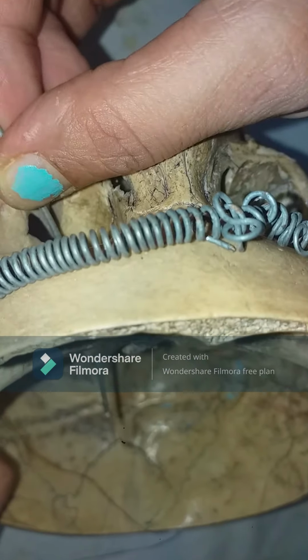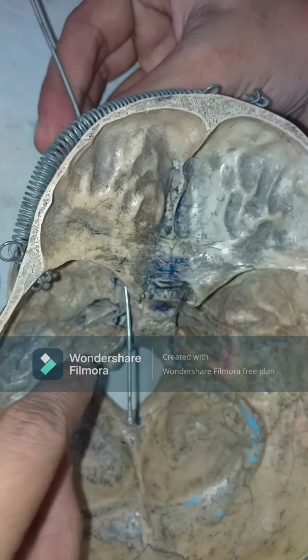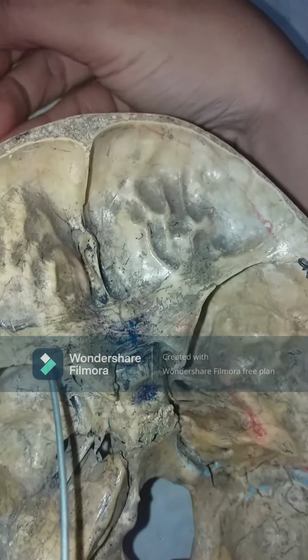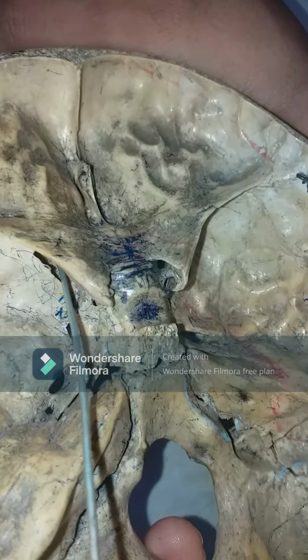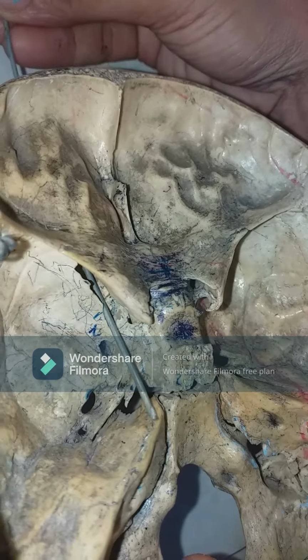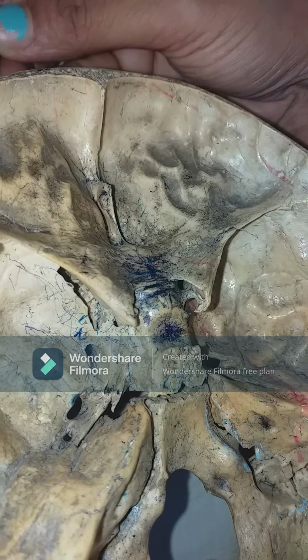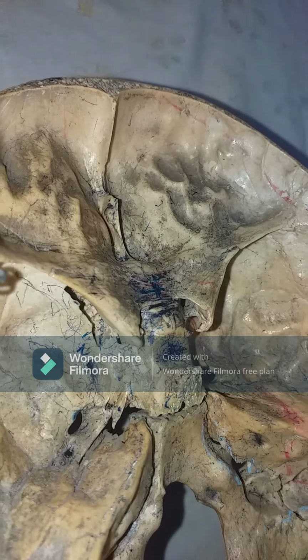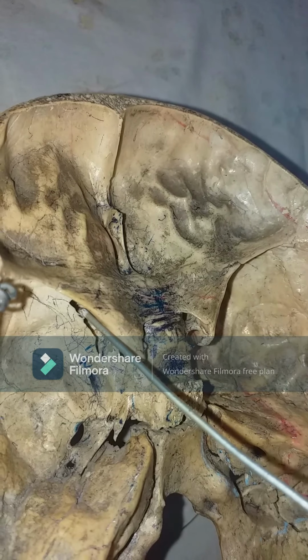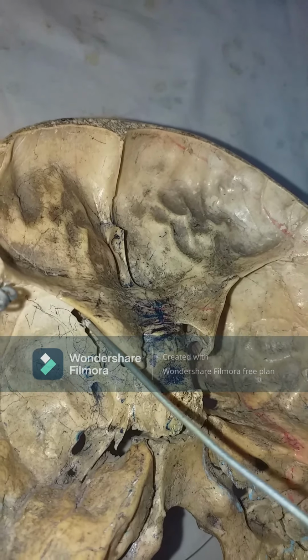Let me put this now back into the skull through the superior orbital fissure, and we see the superior orbital fissure here opening in the middle cranial fossa under the lesser wings of sphenoid. Its medial end is broad and its lateral end is a little narrow, and it is an elongated foramen. It is called the superior orbital fissure.